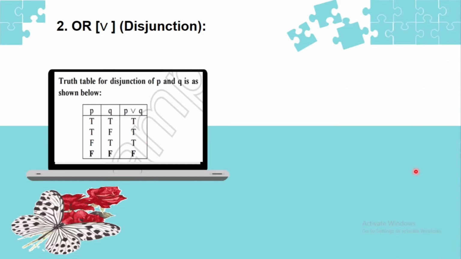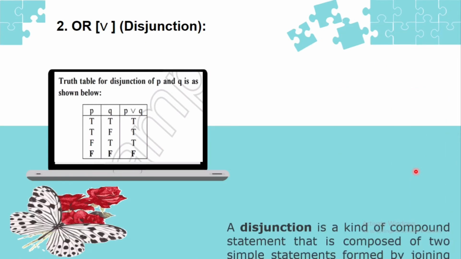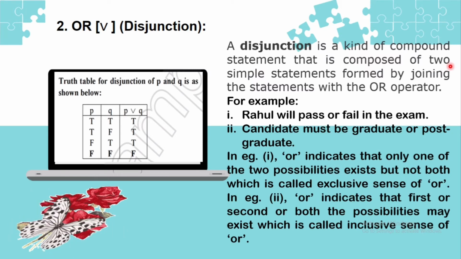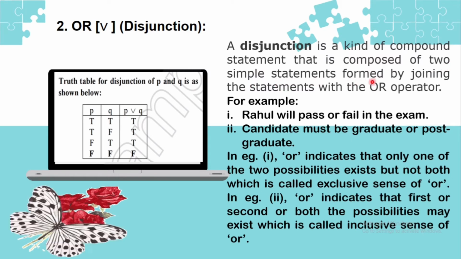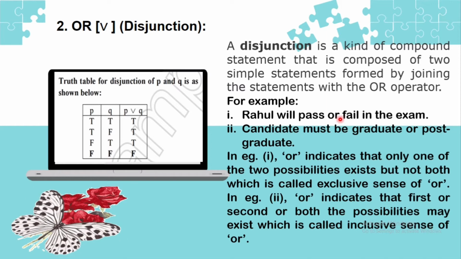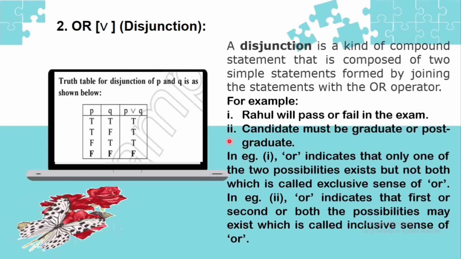Or, disjunction. A disjunction is a kind of compound statement that is composed of simple statements formed by joining the statements with the OR operator. For example, 1. Rahul will pass or fail in the exam. 2.